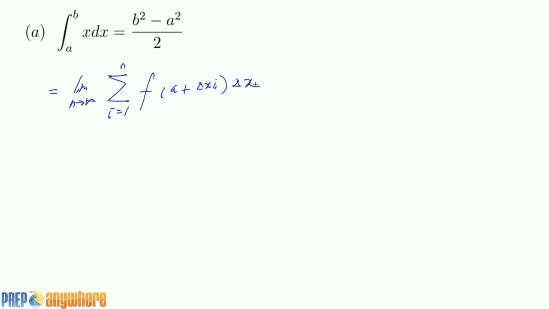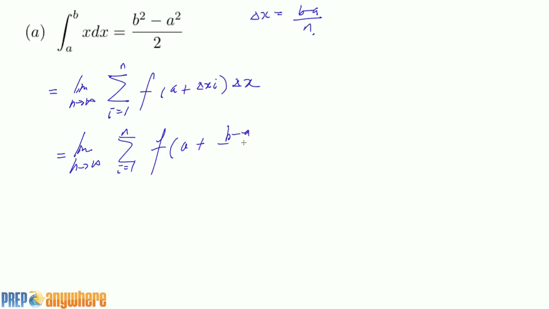Times delta x. Now delta x is equal to (b minus a) over n. So we get a plus (b minus a) over n times i, times (b minus a) over n.